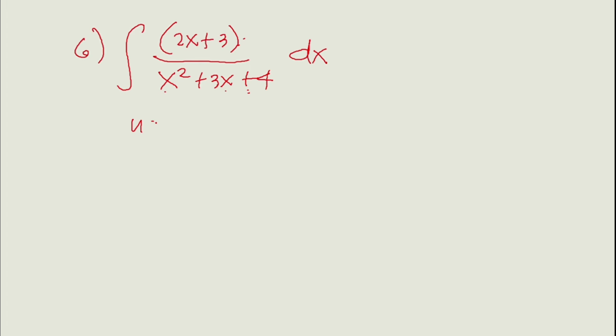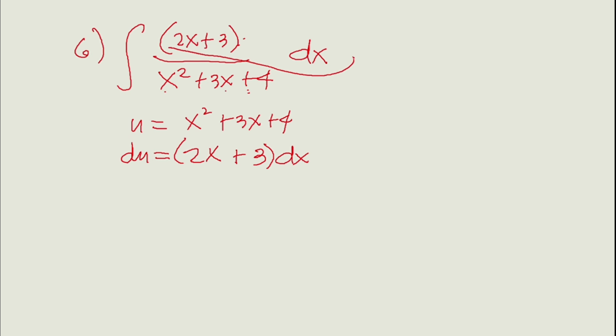So our u is equal to x squared plus 3x plus 4, and the derivative, du, is equal to 2x plus 3 dx. So this part is our du, and this is our u.